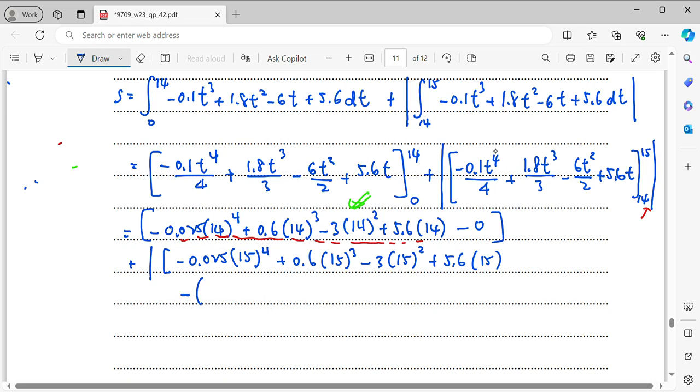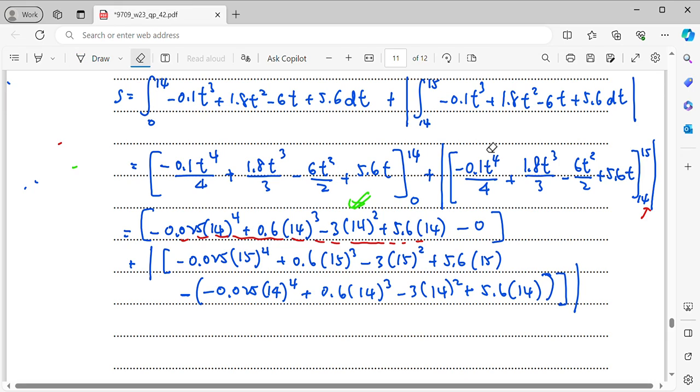I will just rewrite: negative 0.025 times 14 to the power of 4, plus 0.6 times 14 to the power of 3, minus 3 times 14 squared, plus 5.6 times 14. Alright, so this is what I get.